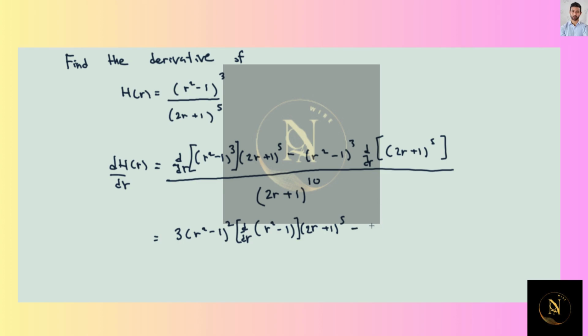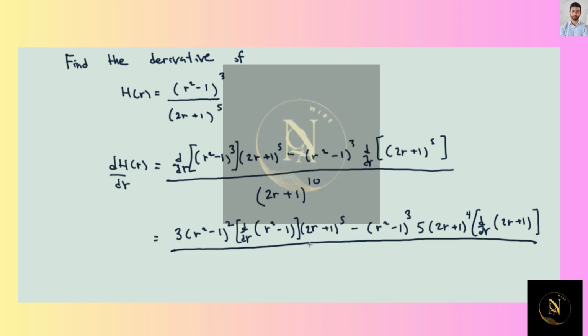Minus (r squared minus 1) to the power of 3 times the derivative of (2r plus 1) to the power of 5, which gives us 5 times (2r plus 1) to the power of 4 times the derivative of 2r plus 1. And all this will be divided by our same denominator.